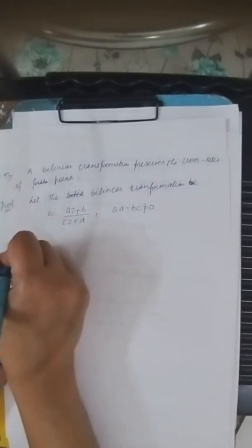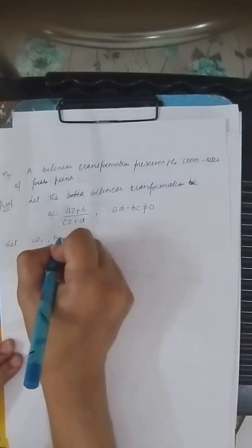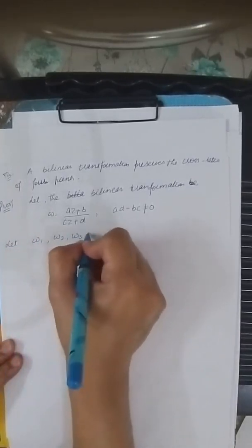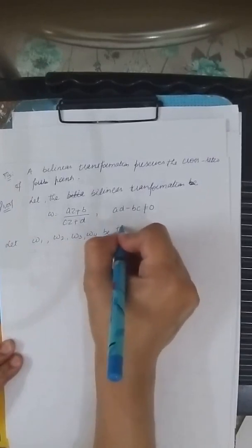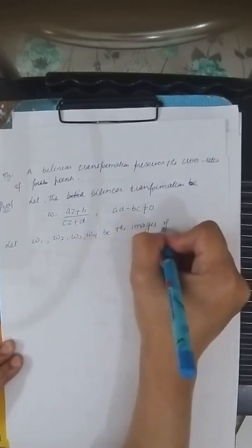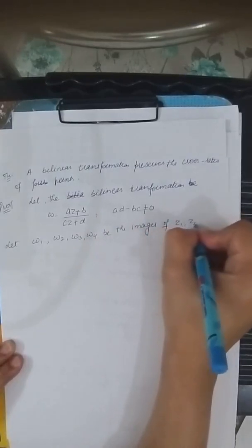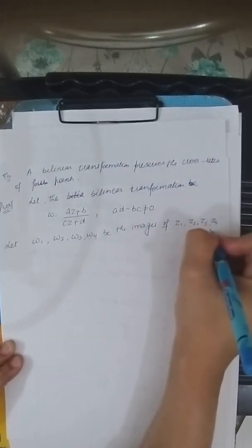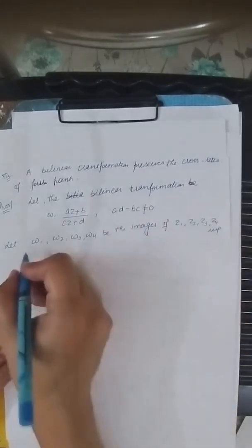Now let W1, W2, W3, W4 be the images of Z1, Z2, Z3, Z4 respectively.